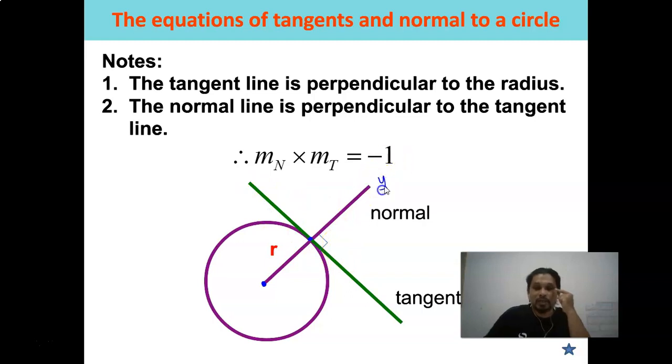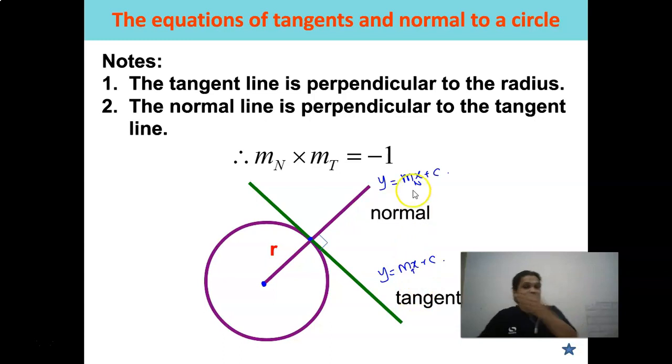So this is y equals mx plus c, where m is the gradient of the normal, and this is y equals mx plus c, where m is the gradient of the tangent. The gradient of the tangent multiplied by the gradient of the normal equals negative 1.